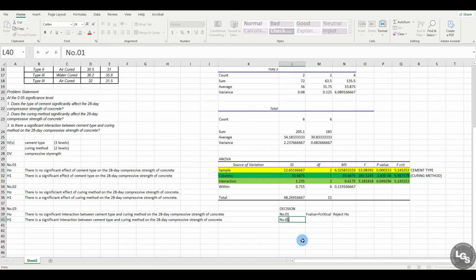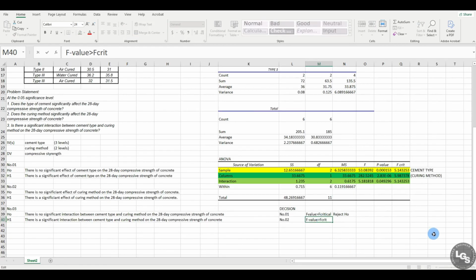For question number 2, we go to the column, which is the curing method. The F critical is 5.14, and the F value is 282.5, which is greater than the F critical.